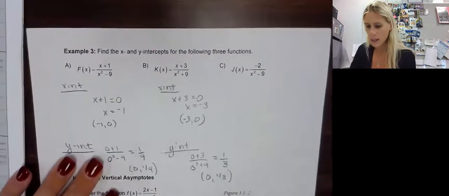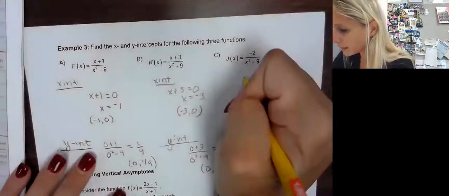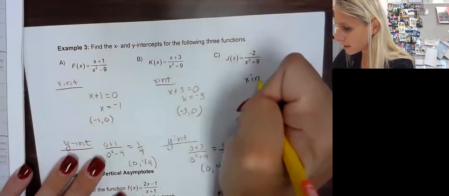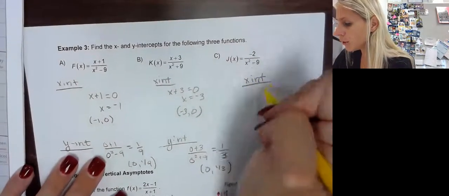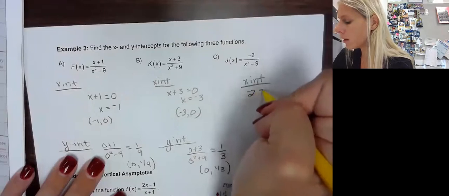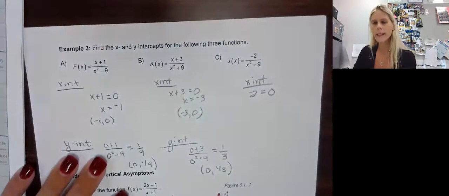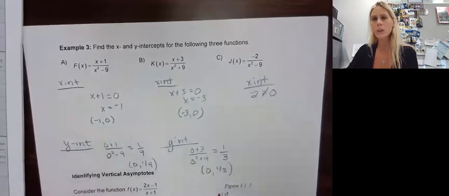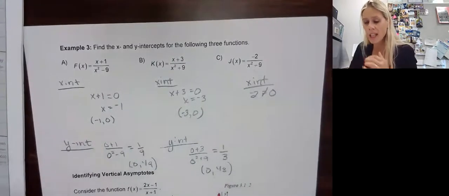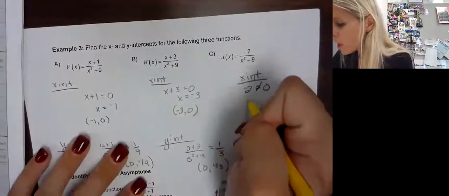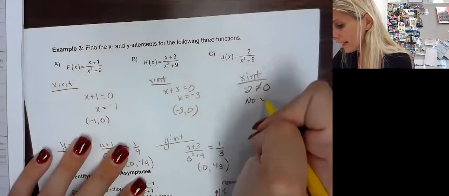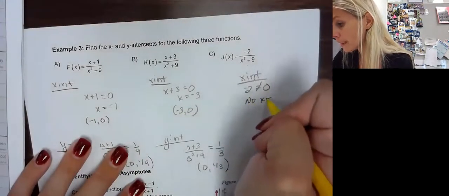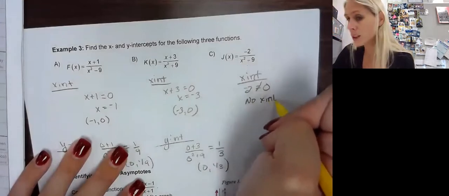All right, let's talk C here. Okay, C, x-intercept. Set our numerator equal to 0. Wait a second. That can't happen. That doesn't work. So since it doesn't work and there's nothing else for us to do, that means we have no x-intercept. Don't put 0, guys, because 0 is an actual number.